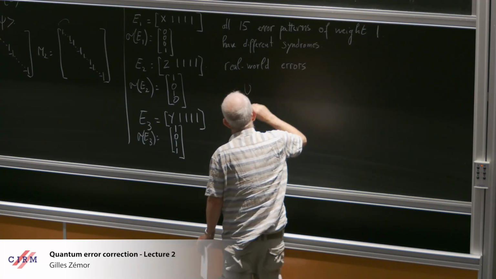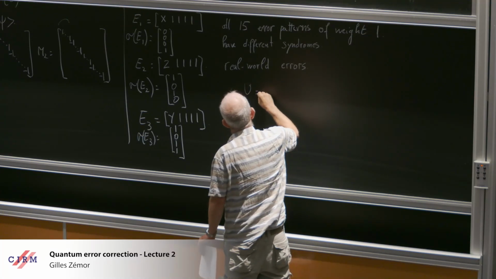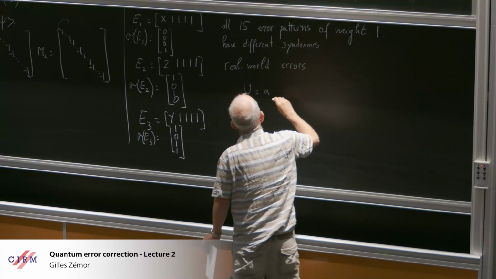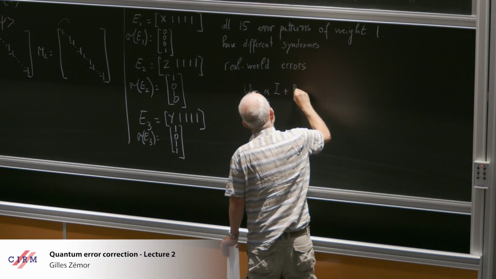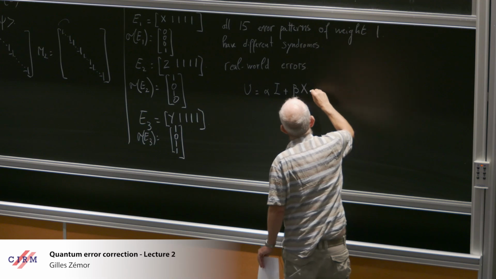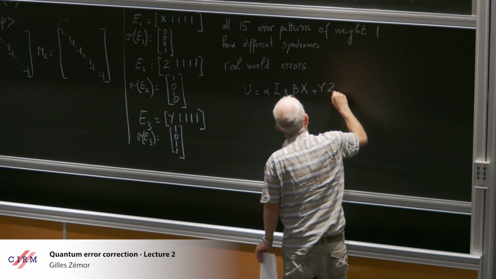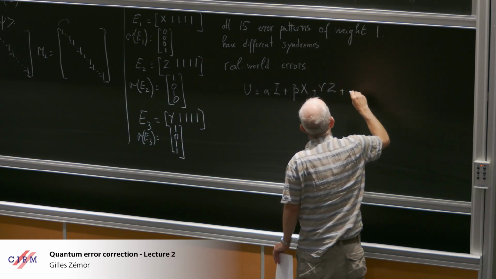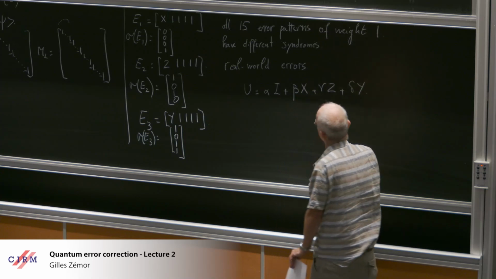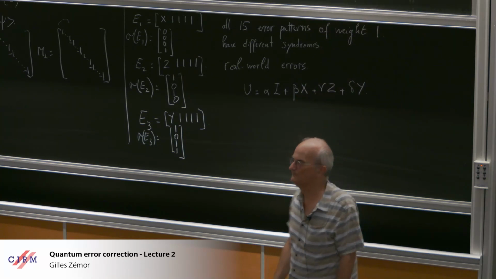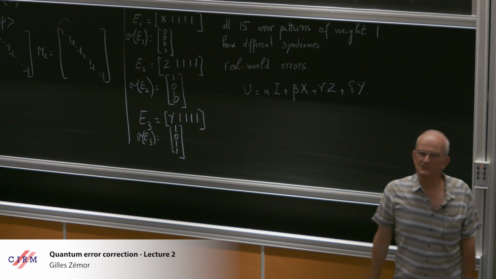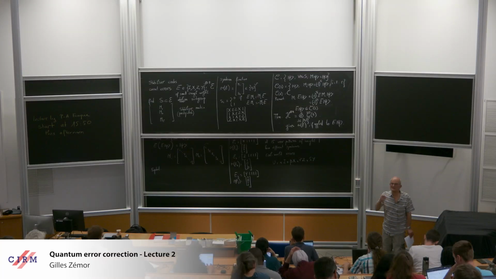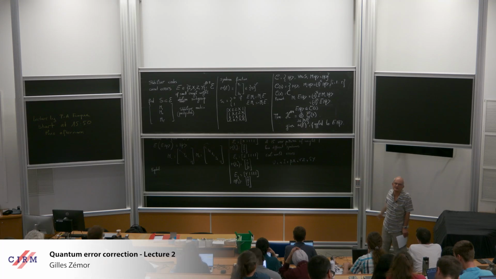Any operator can be written as a combination of identity, an X operator, a Z operator, and a Y operator. And now, suppose for a moment that your first qubit, instead of being hit just by an X or a Z or a Y, it gets hit by a combination of them.